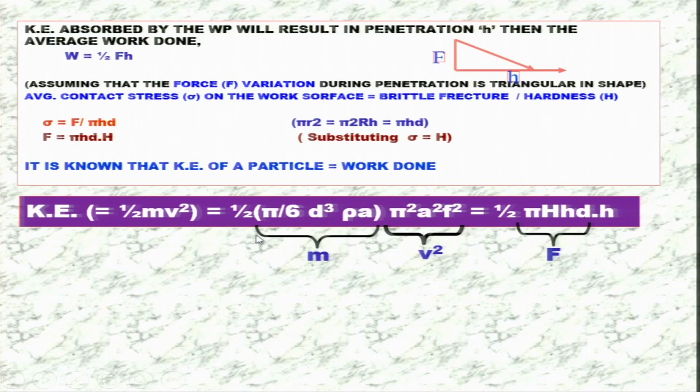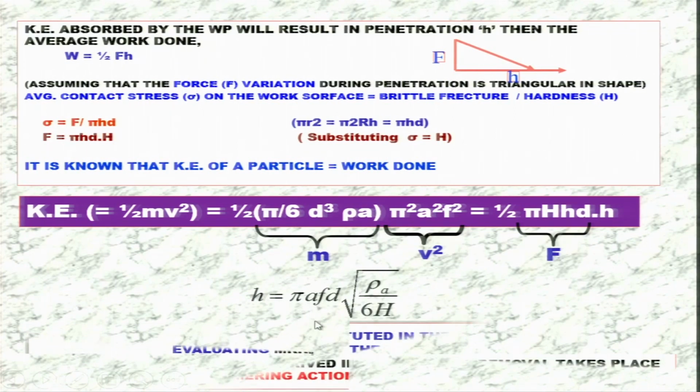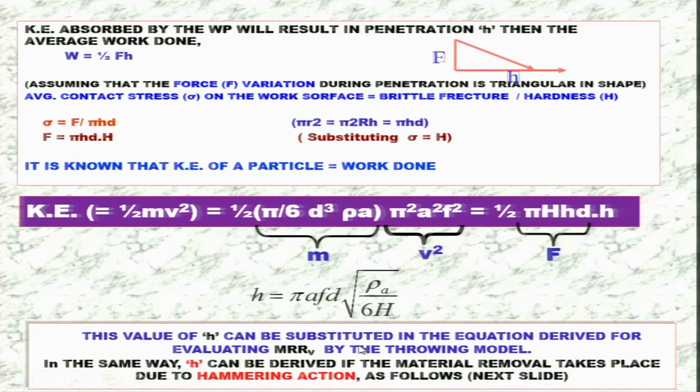This gives you half m v square equal to the force times h, and then you can calculate h, the depth of penetration in the throwing model: pi a f d under the root of rho a over 6 H. H is the hardness, rho is the density of the material, and we know the frequency, a and pi. This value of h can be substituted in the equation derived for evaluating MRR by the throwing model.